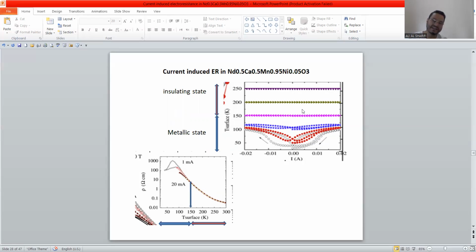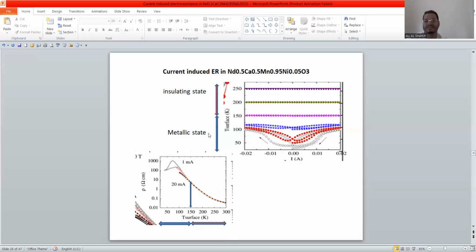Less than 150, this period has the hysteresis phenomena, non-linearity behavior. This is the metallic state, which means ferromagnetic. And this plot explains these two periods: above the isolating-metallic transition it's isolating, and below the transition temperature it's metallic.